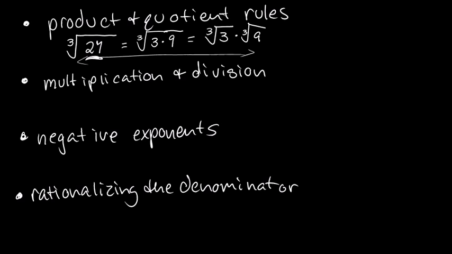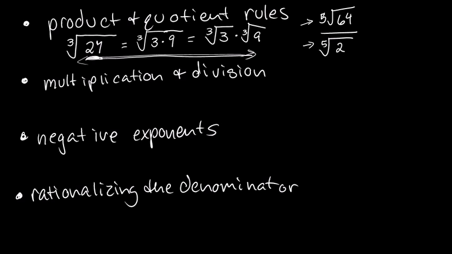The quotient rule is relatively similar. Since I went forwards for the last one, I'll go backwards for the quotient rule. I'll do the 5th root of 64 over the 5th root of 2. For all of these rules, what I need to see is that the index number is the same.